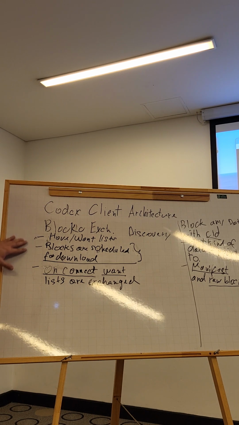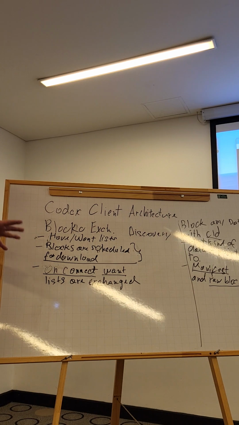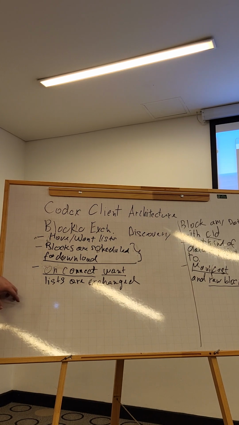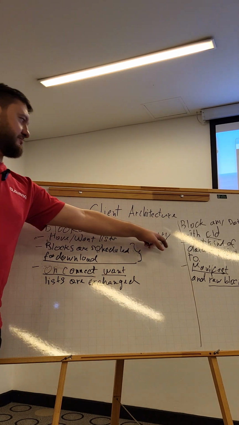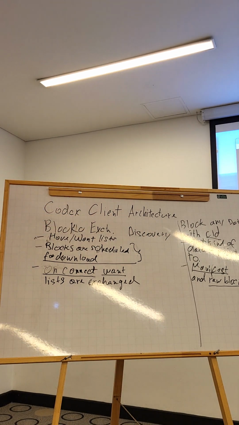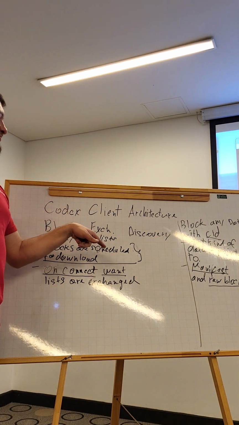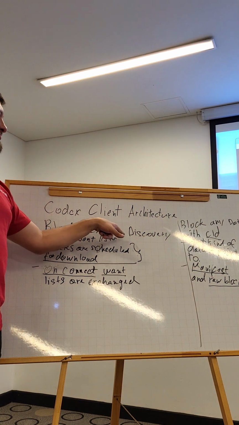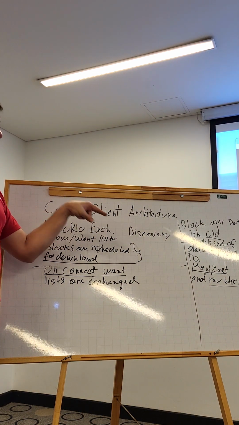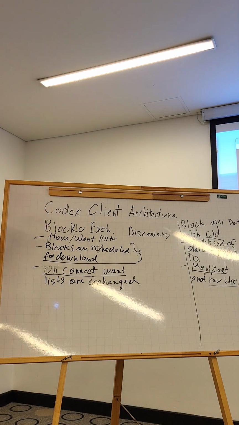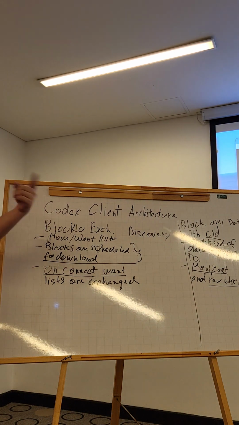So if none of the nodes that you're connected to can tell you that it has the block that you're looking for, then you essentially just request it from the discovery, and ask the DHT to provide you with potentially new nodes that might have this block.